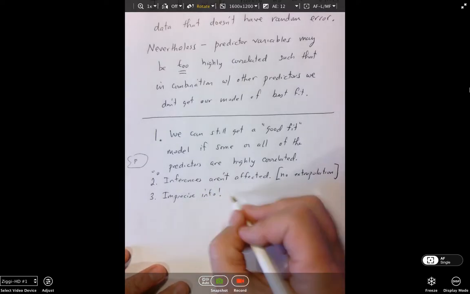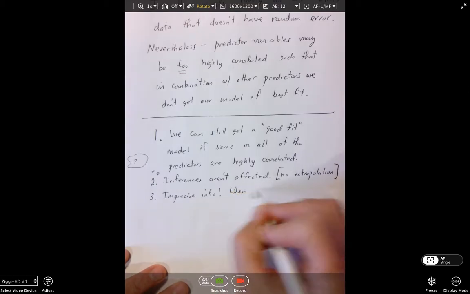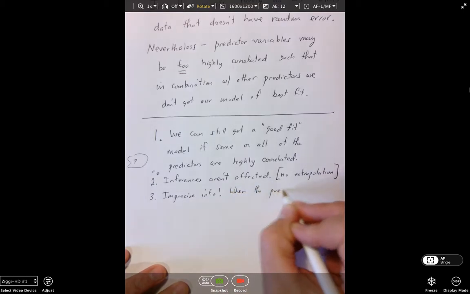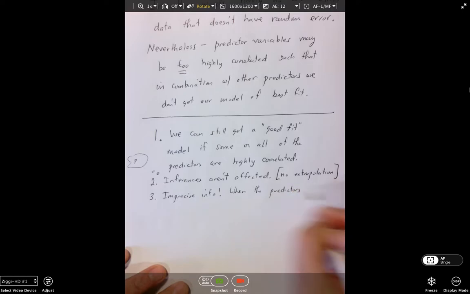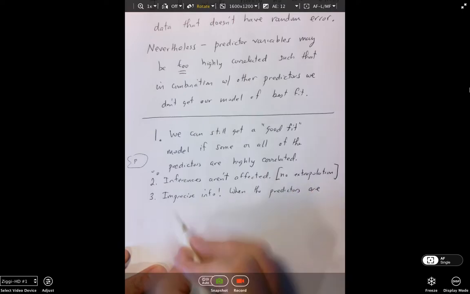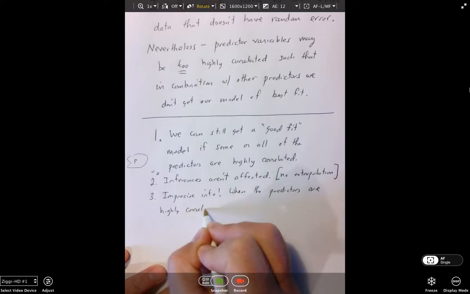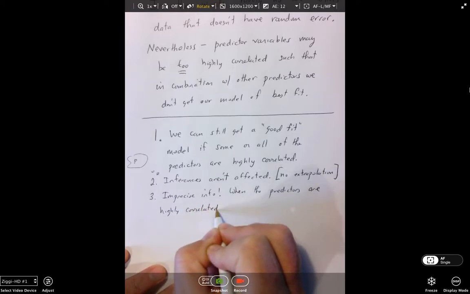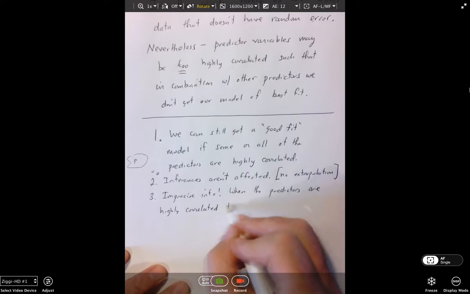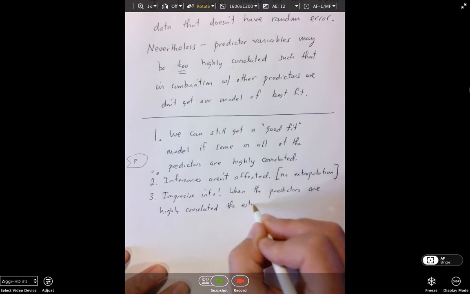So again, when predictors are highly correlated, the estimated, and I talked about this a little bit earlier.